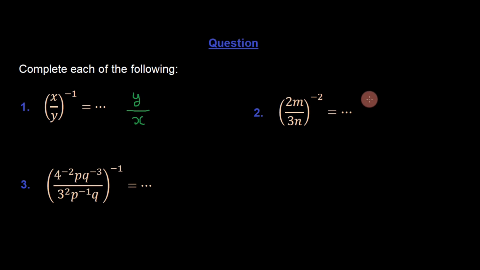In number 2, once again, we can apply law 7 and invert the fraction. The power becomes positive. Now we can apply the power to both the numerator and the denominator.